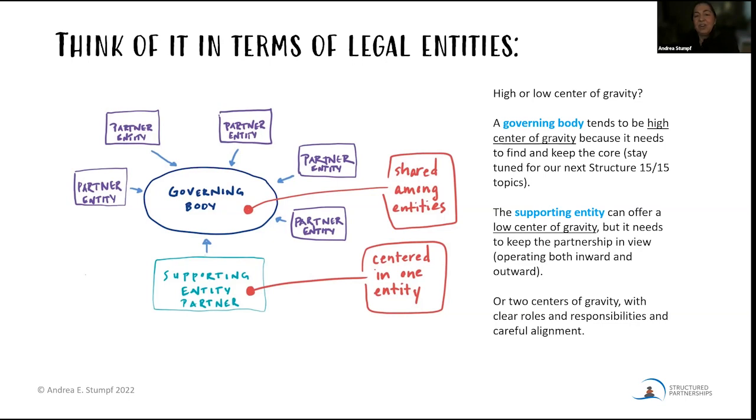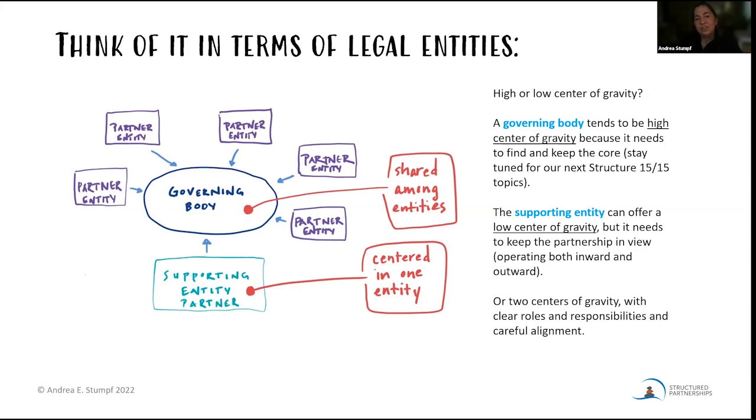So that can be a very effective way to get a pretty clear balance within the partnership, except that the challenge, of course, is that you may end up doing that at the cost of partnership. So it becomes really important that the supporting entity center of gravity operates not just inward towards itself, but also outward, and keeps the partnership in perspective and manages the balance in that respect.